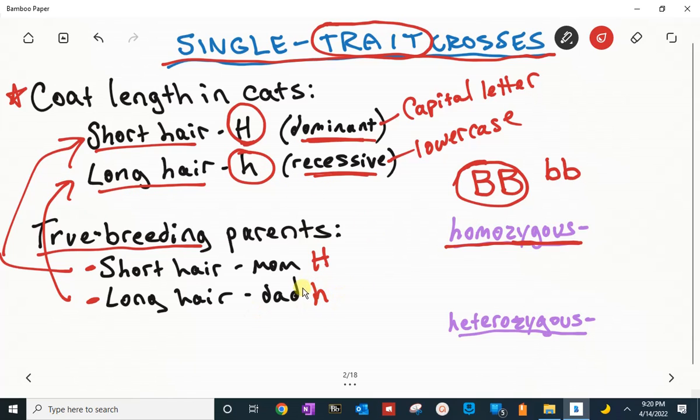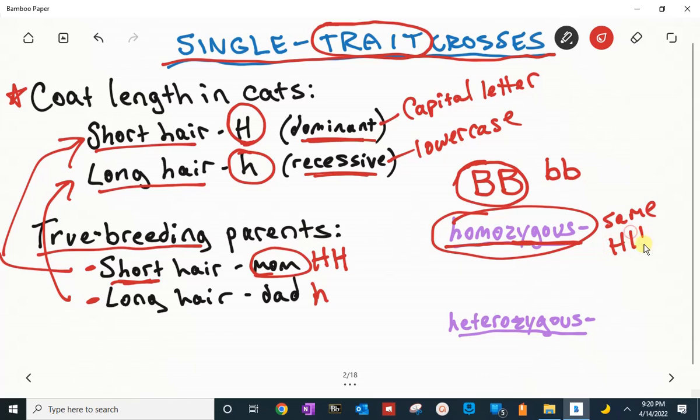Well, if these parents are true breeding, then this mom that has short hair, both of her chromosomes in the pair of chromosomes that have a gene for hair length are both going to be capital H for short hair, because homozygous means same. So both of her alleles are going to be the same thing. They're both going to code for short hair.